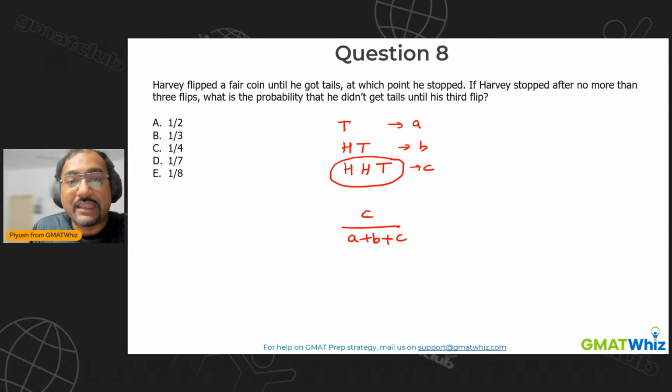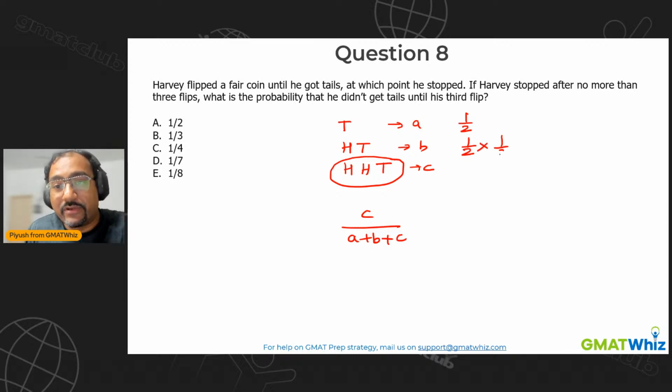So what is the probability he gets the tail in the first flip? Obviously, it's a fair coin, so it will be simply half. Okay, what is the probability of him getting heads in the first flip? It's also half, multiplied by tails in the second flip, half. So it's 1 by 4. What is the probability of the third event? Heads in the first flip, half, heads in the second flip, half, tails in the third flip, 1 by 2.